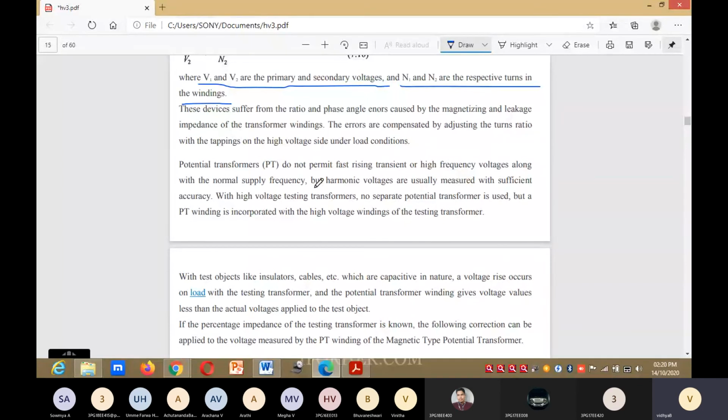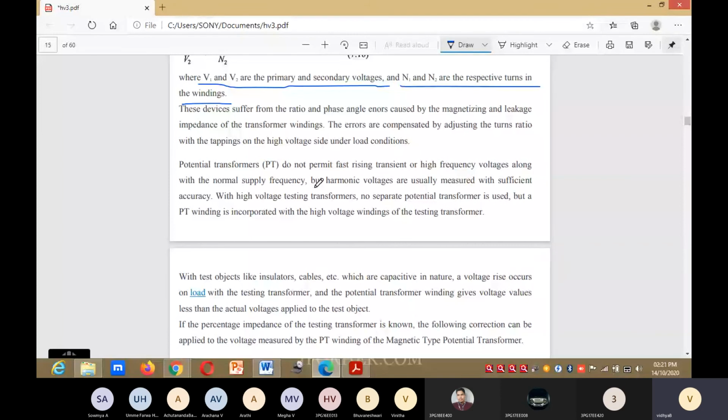In a high voltage testing transformer, no separate potential transformer is used, but a PT winding is incorporated with the high voltage windings of the testing transformer.